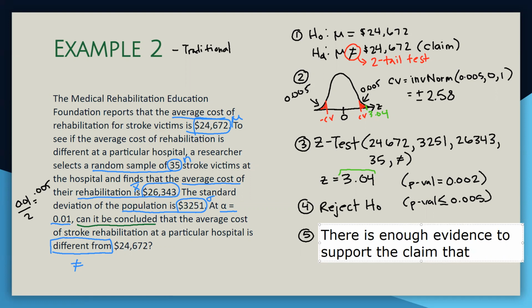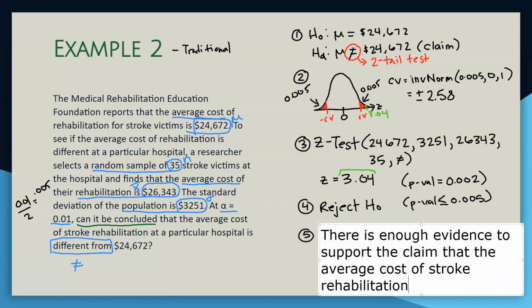Can it be concluded that the average cost of stroke rehabilitation is different from 24,672? So there is enough evidence to support the claim that the average cost of stroke rehabilitation is different from, and then we put that value, 24,672.